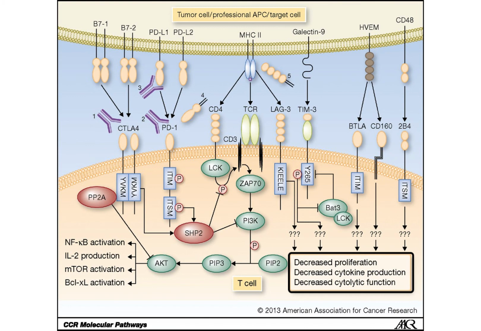They also, over here, because there's a lack of signaling, cause a decreased proliferation of the T cells, decrease in cytokine production, and decrease in cytotoxic function, which then leads to a lack of activity or less activity in the T cells that otherwise should be reacting towards that tumor to kill those cells.